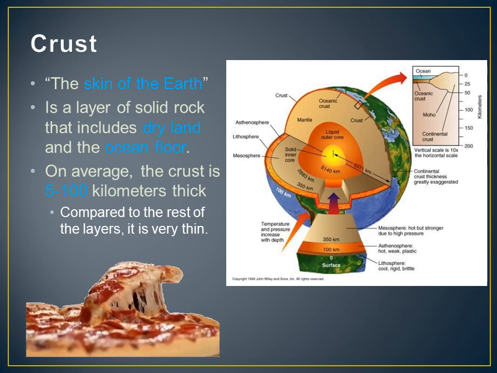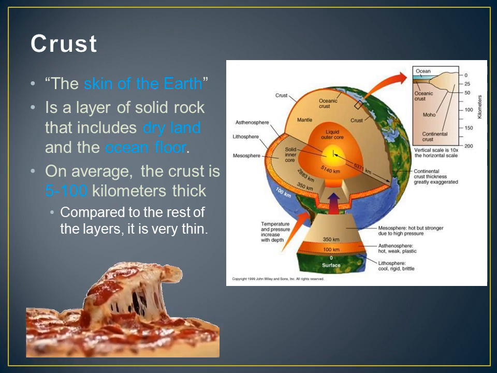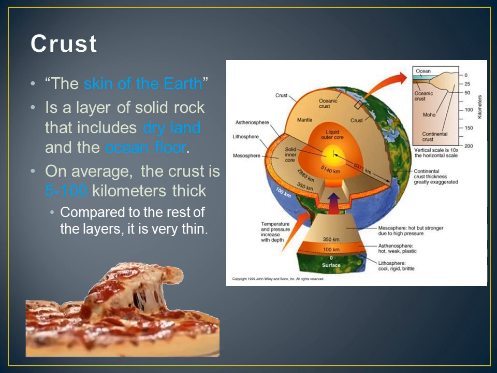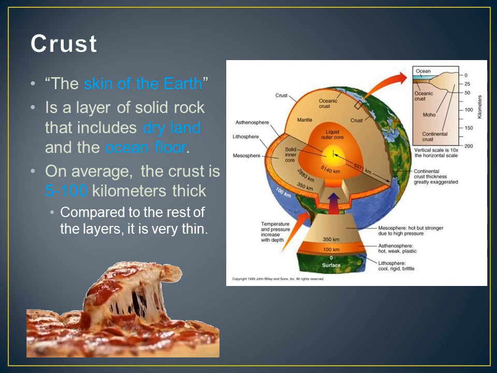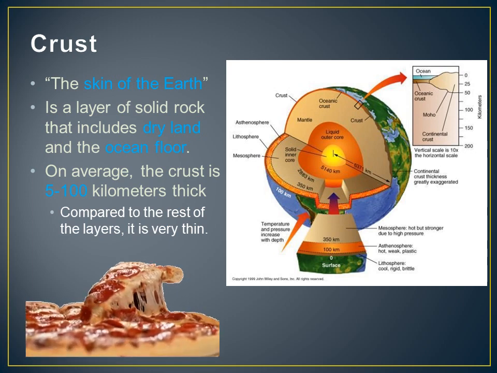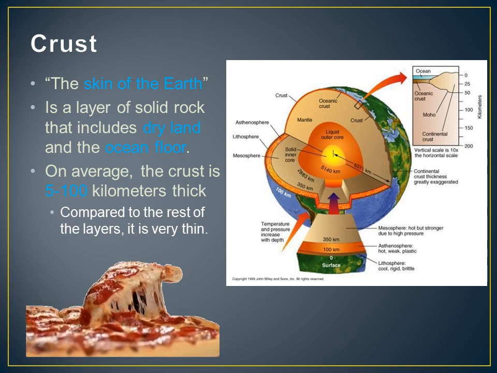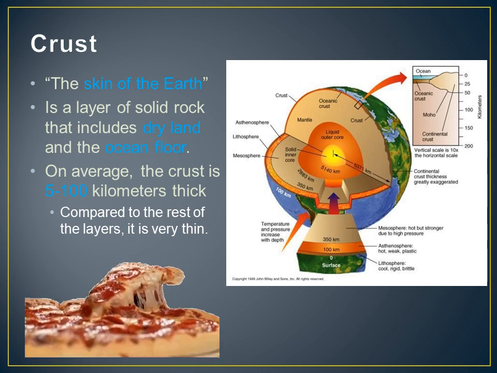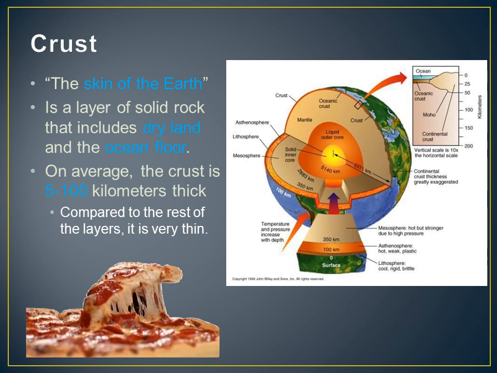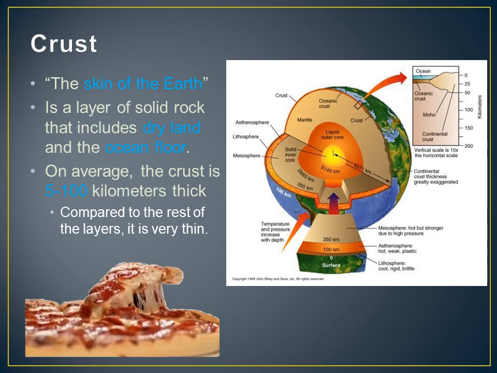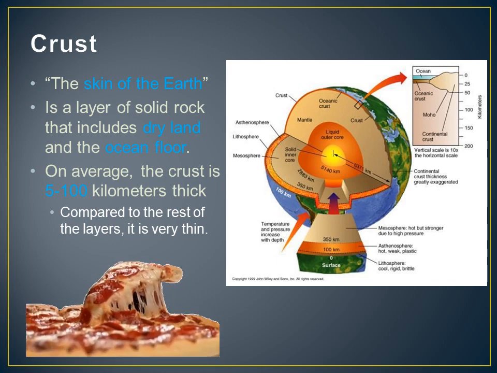First is the crust. We nickname this the skin of the earth. Why? Well, because it's the outside layer, right? When you look at your friends, you don't see their bones or muscles or stomach or heart. You see their skin, right?